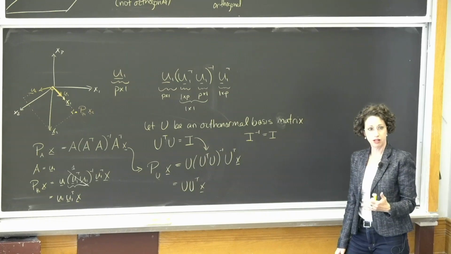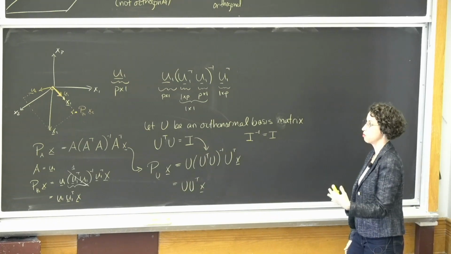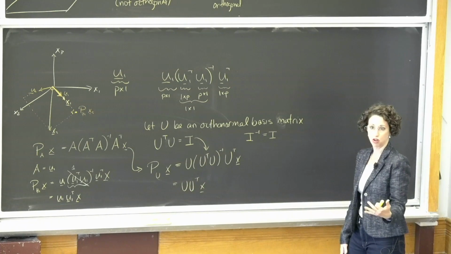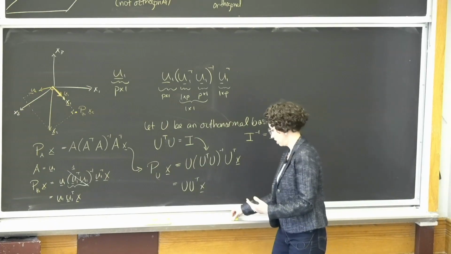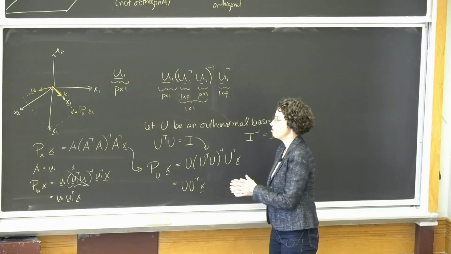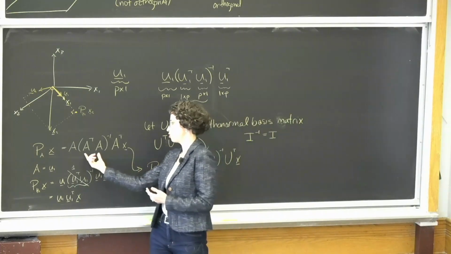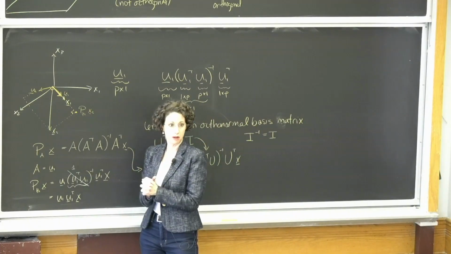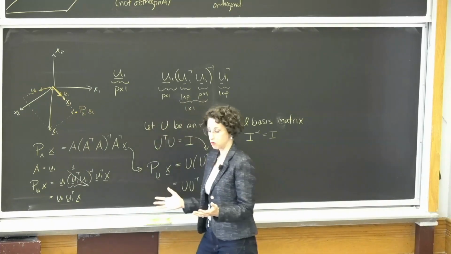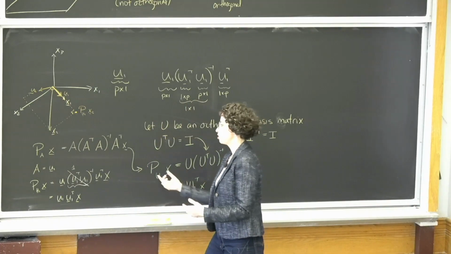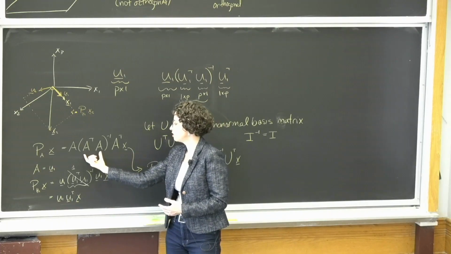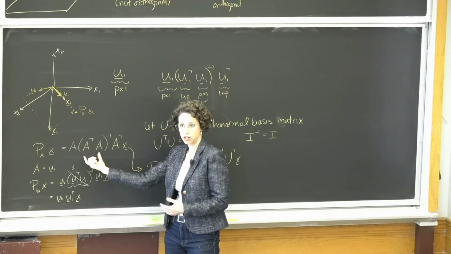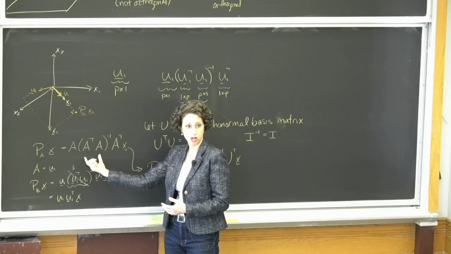This is part of why people care about orthonormal bases and not just arbitrary bases. If I think about computation, if you give me a basis matrix A, so A has linearly independent columns but they're not orthonormal, and I want to project a vector onto that subspace, I'm going to have to do this matrix product and inverse in order to do that projection.